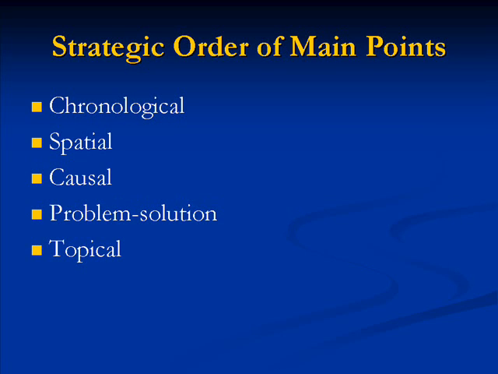The second main point discusses performers. The third main point discusses sponsors. The fourth main point discusses audiences. In this format, you discuss main points in a more random order that labels specific aspects of the topic and addresses them in separate categories. Most speeches that are not organized chronologically, spatially, or causally are organized topically.